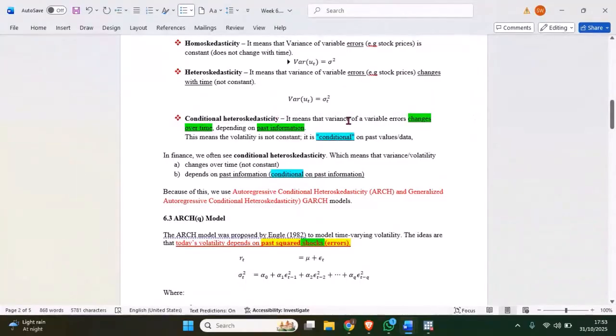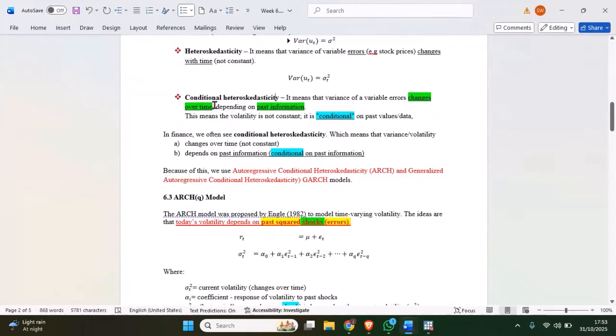And then we understand conditional heteroskedasticity. It means that the variance of the errors changes over time. That one is heteroskedasticity and depends on past information. That one brings in the term conditional. So two things are satisfied here.